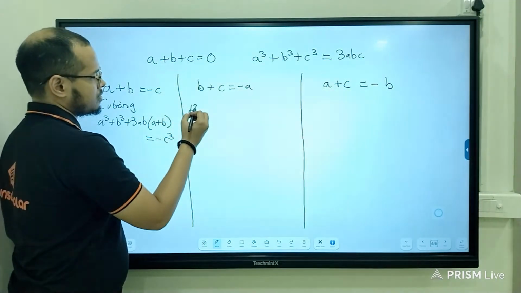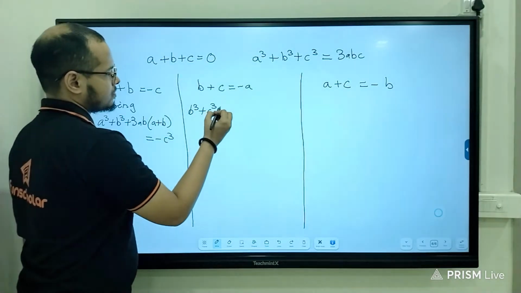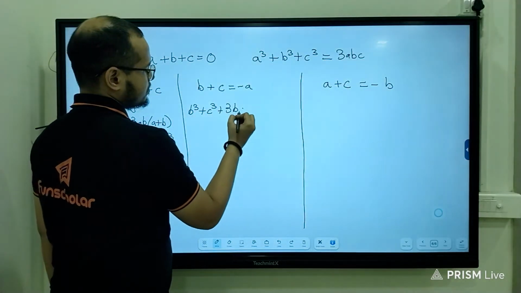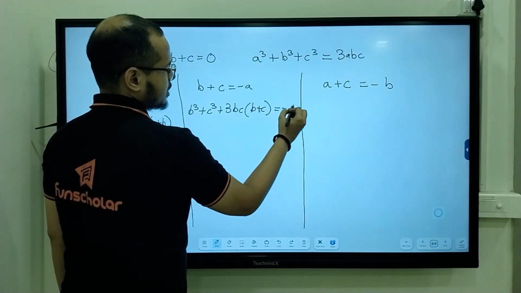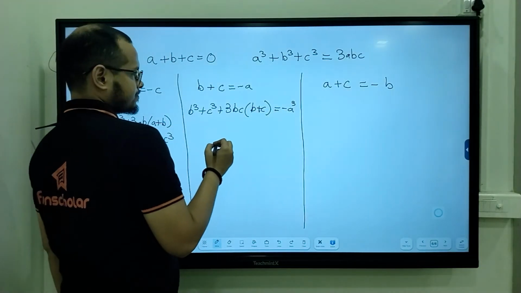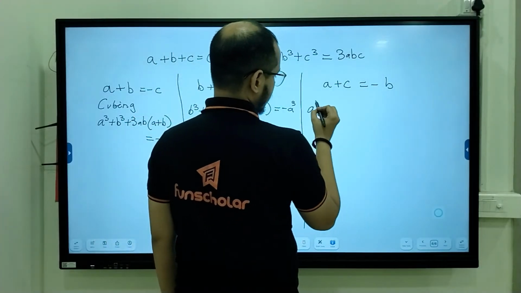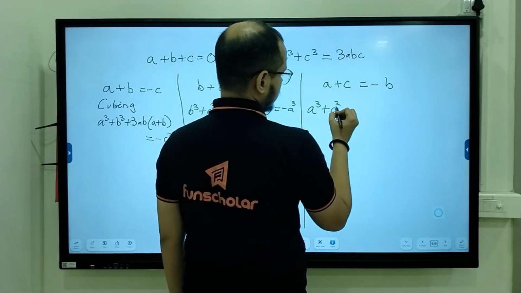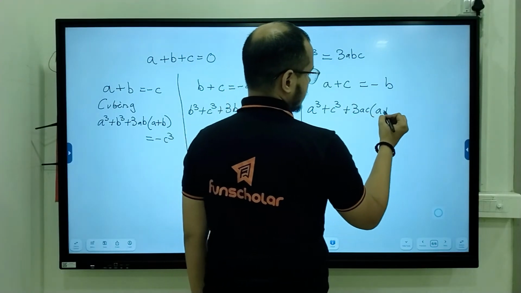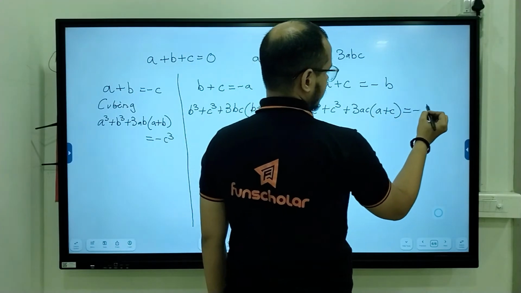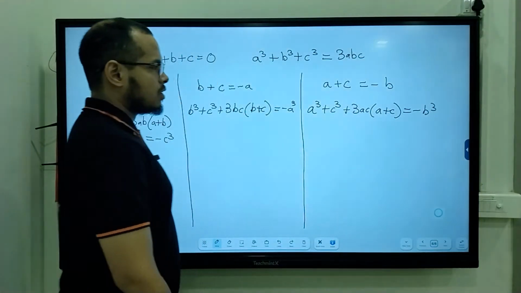Here it will be b cube plus c cube plus 3bc times b plus c is equal to minus a cube. Here it will be a cube plus c cube plus 3ac times a plus c will give us minus b cube.